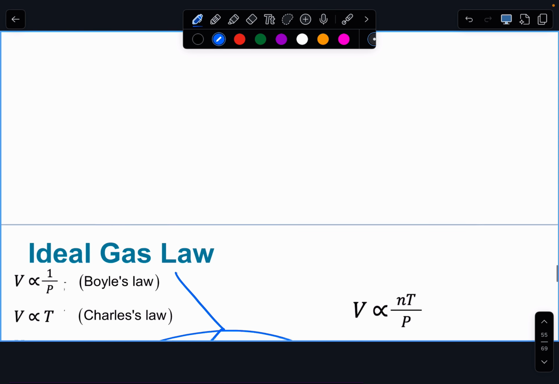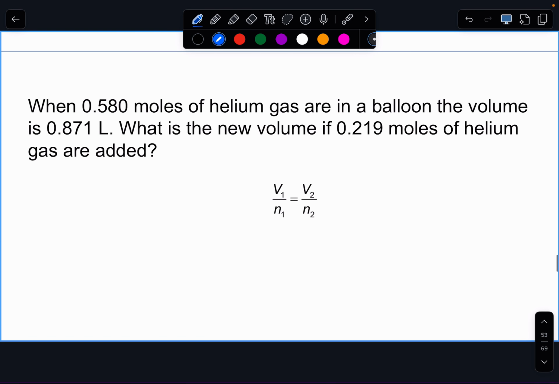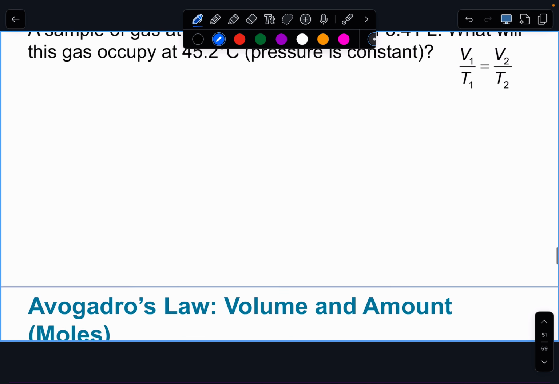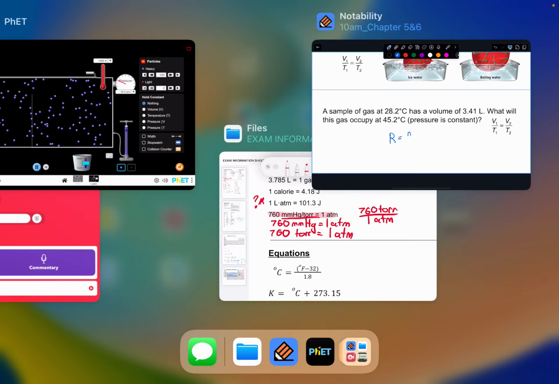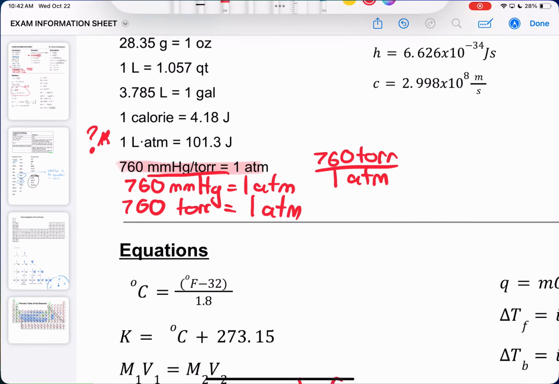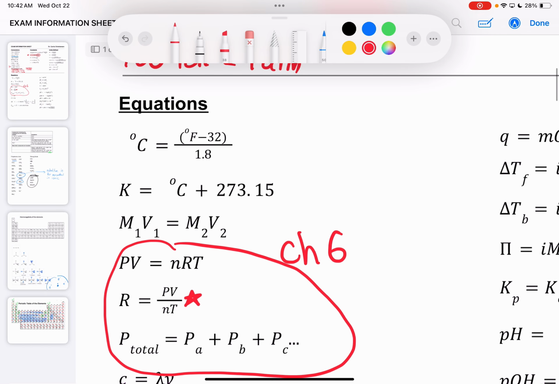So up here, there we go. That's this one. So I had R equals, now it probably was flipped, I think. Yeah, I think it was flipped. Do I have it that way in the exam equation sheet? I think I have it the other way around. PV over NT.